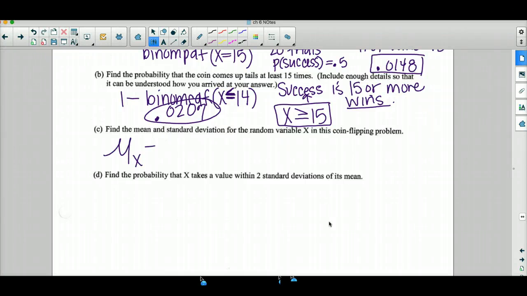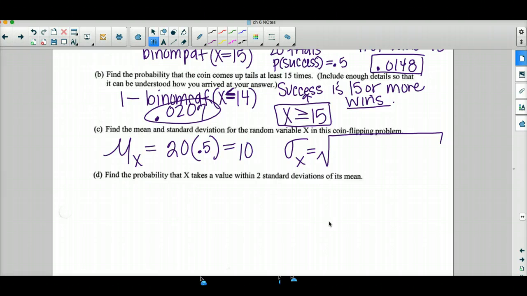My mean would be 20 times probability of winning, which would give me 10 wins. My standard deviation is the square root of 20 times success times failure. Square root of. So my standard deviation is 1.495.